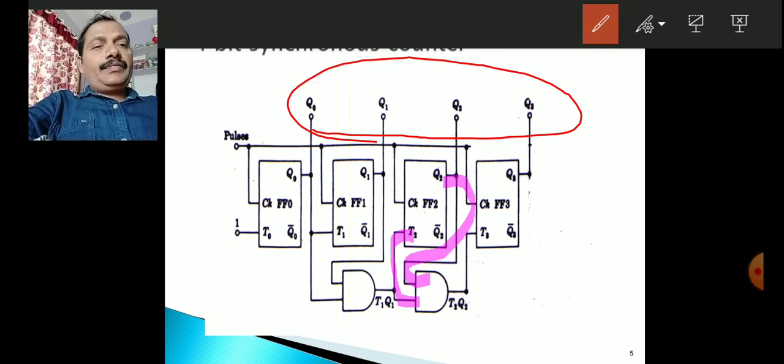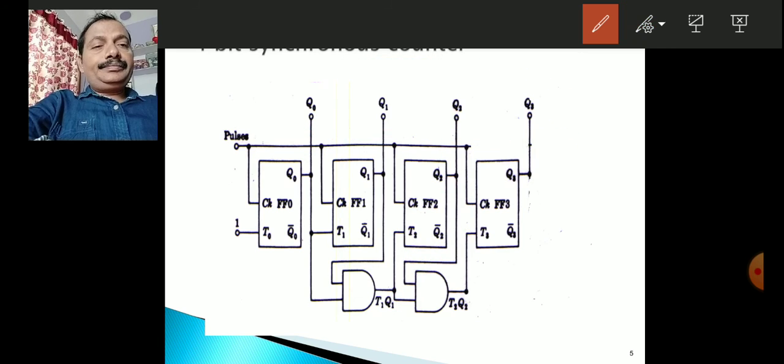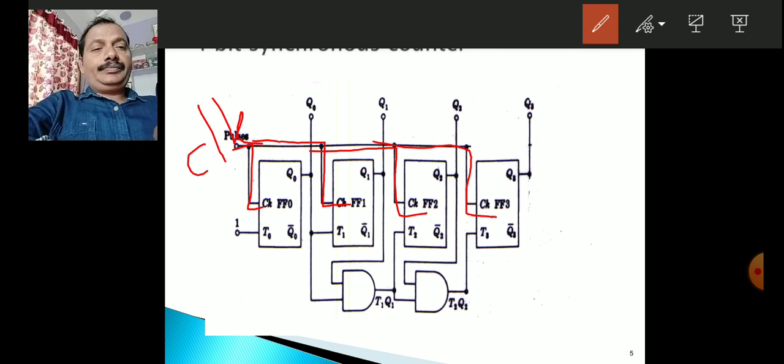And a very important observation here is that the clock is applied simultaneously to all the flip-flops. This is the clock input, given to the clock input of the flip-flop FF0, and also FF1, FF2, and FF3 simultaneously. That means all the flip-flops are taking the same clock input.